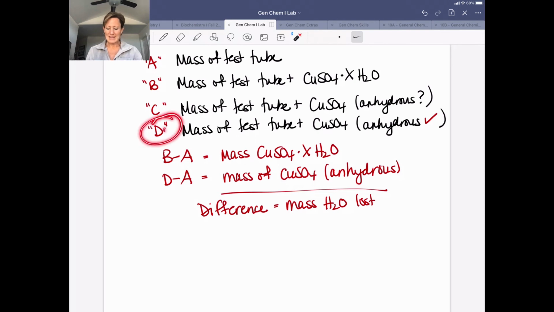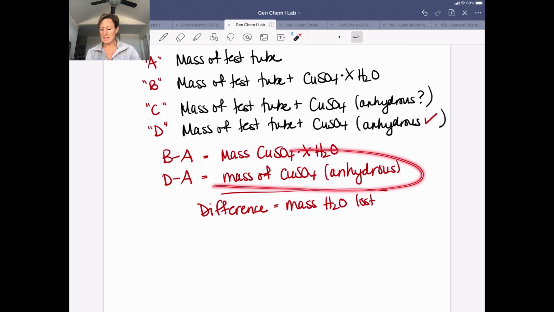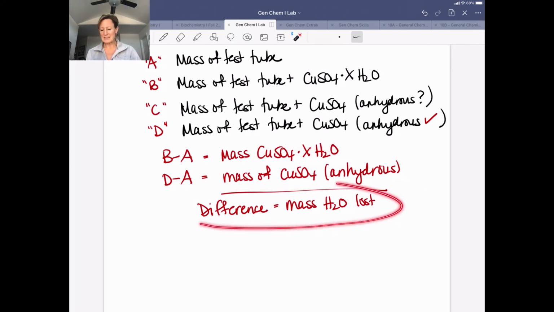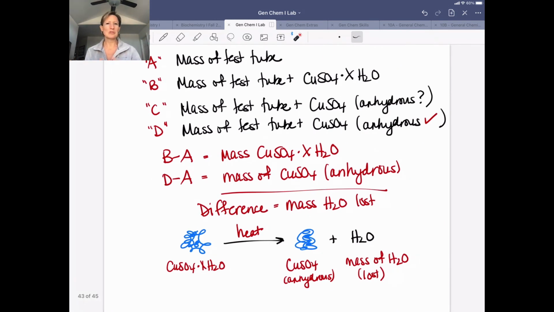But now this anhydrous salt minus the mass of the test tube, that will give us the mass of the anhydrous copper sulfate. Now, looking at the difference between these 2 values will tell us the mass of the water that was lost. Okay, sometimes pictures are easier to understand than words. So we started out with this blue crystal that had some water with it. We're going to try to figure out how much water is with it.